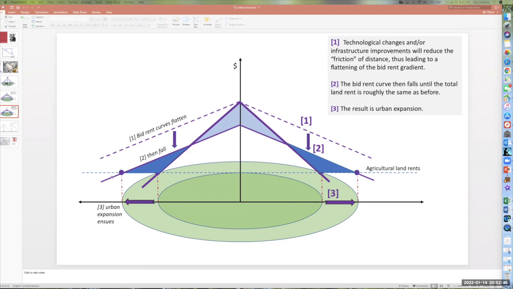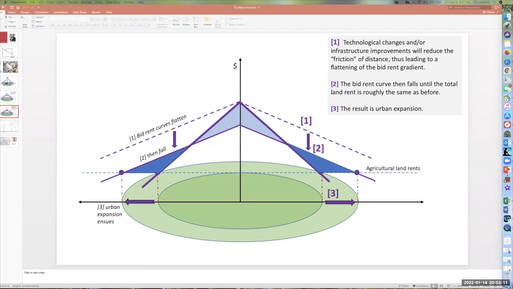And the basic intuition there is that while the technology has changed and our perception of the value of accessibility has changed, how much we're spending on land versus other things really hasn't changed fundamentally in any way.